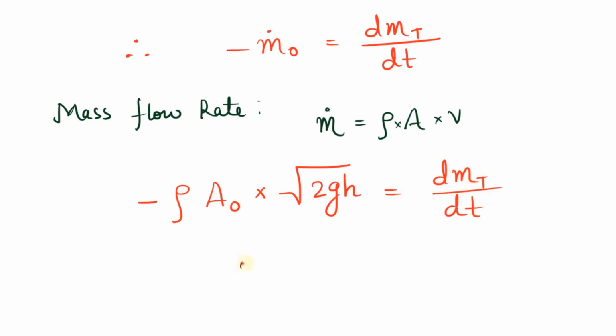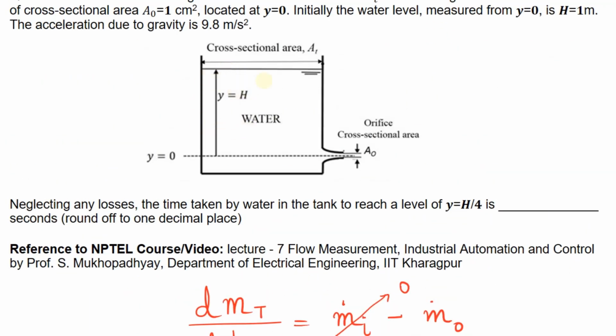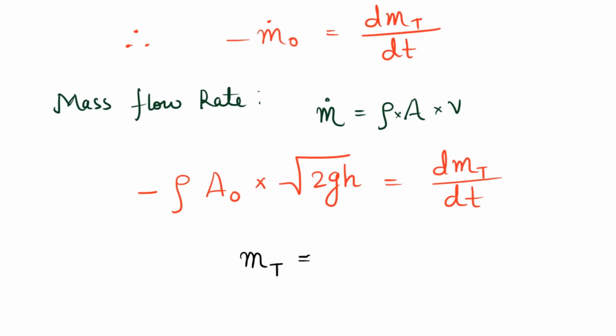Also this mt, the mass in the tank, is given by the volume of the water, that is the initial volume of water. Area multiplied by the height will give the volume, and volume into density will give the mass. So let's write AT, the cross-sectional area of the tank, into the height h, into the density of water.